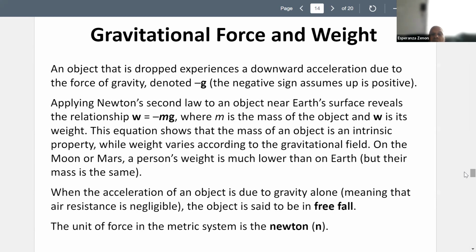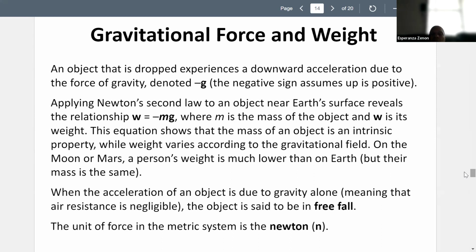It says the equation shows that mass is an intrinsic property, meaning an object's mass is the same no matter where you go. An object's mass is location independent. An object's mass is the same on Earth as it is on the moon or Mars, whereas an object's weight varies according to gravitational field.